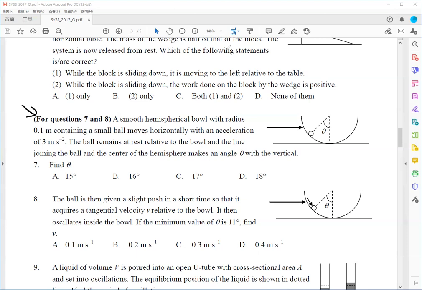How about the other two? So one of you has answered the question. How about the other two?